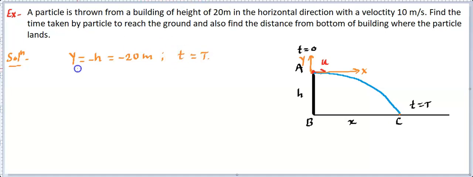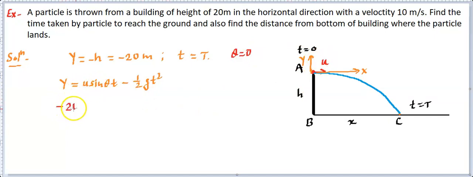So we can borrow the fourth equation. If you remember the fourth equation, that was y is equal to u sine theta t minus half g t square. Let me use this red color. Here theta is obviously clear. Theta is 0 for the horizontal case. So we can put theta as 0 and place y as minus 20.